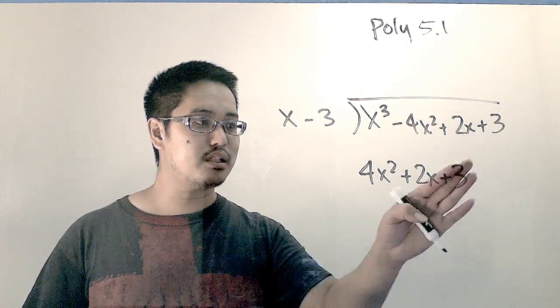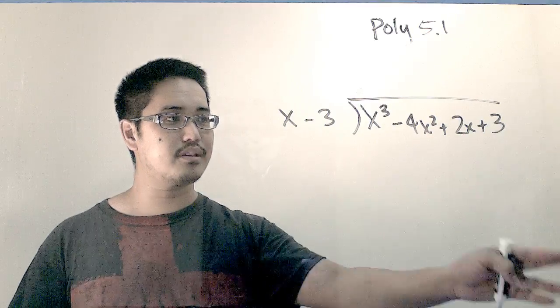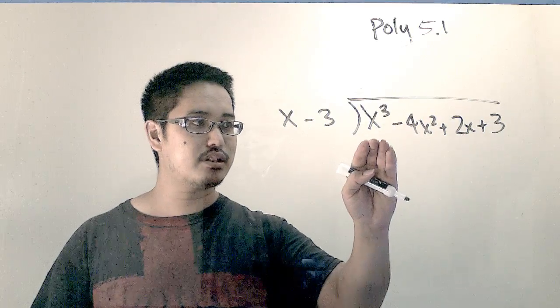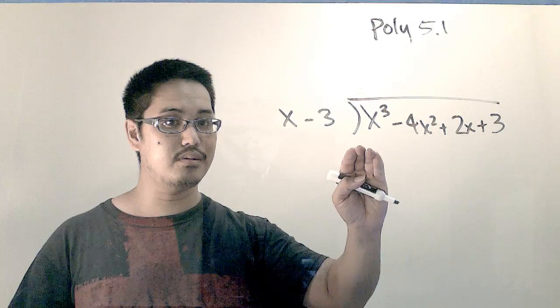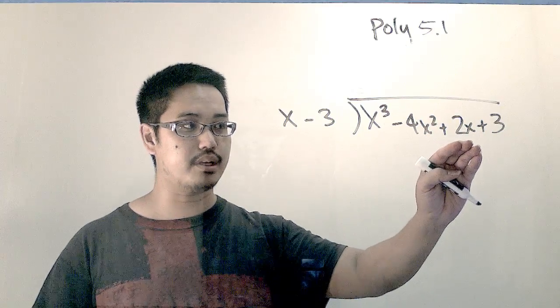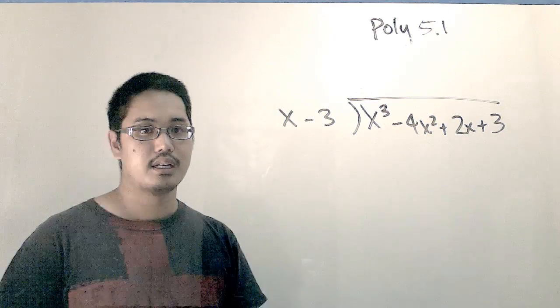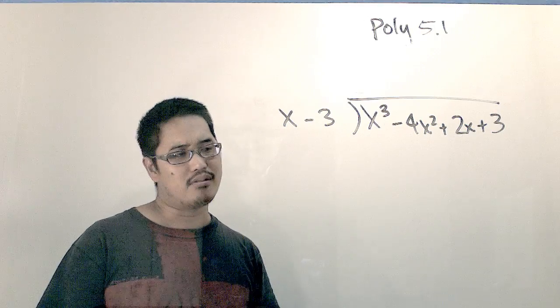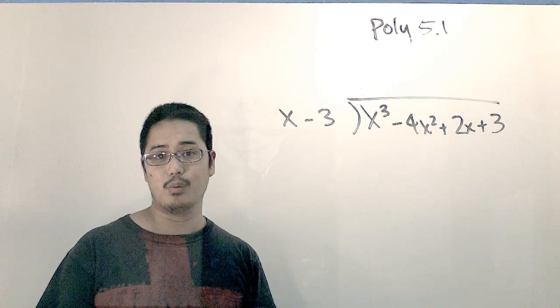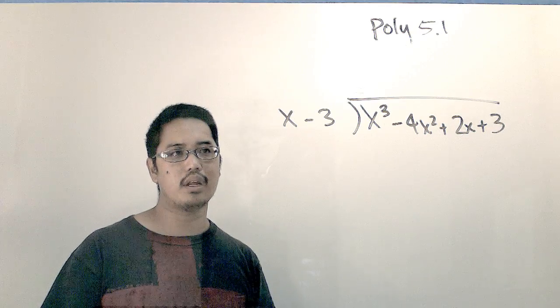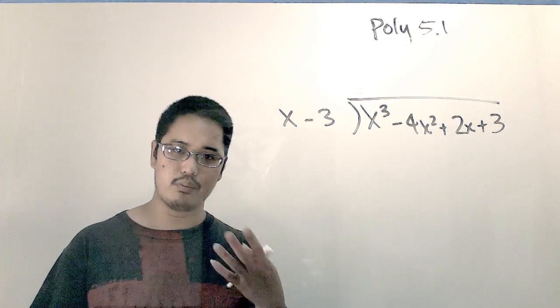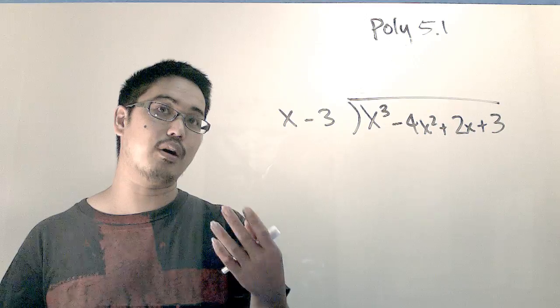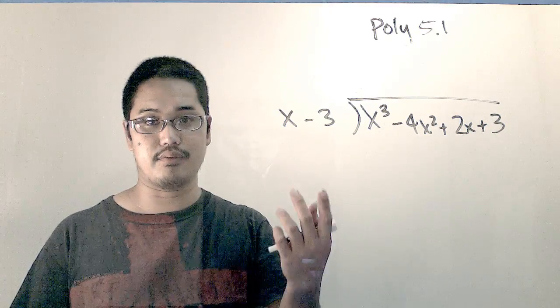But the problem is, I don't necessarily know if anyone's ever taught you how to factor something like this: x cubed minus 4x squared plus 2x plus 3. And I'll be perfectly honest with you, I actually don't know how to factor something like that very well. So what I need, and what we give you as a clue, is one of the factors of it.